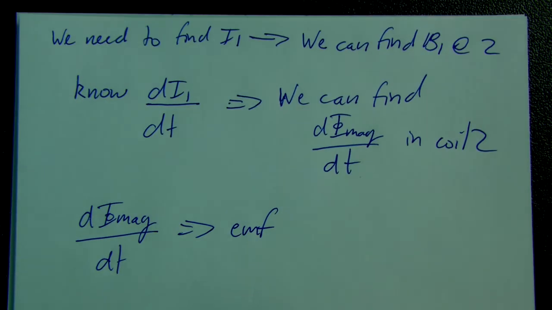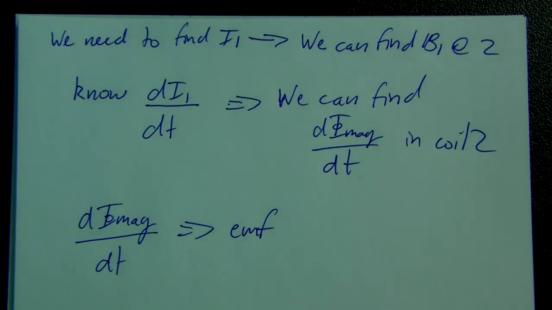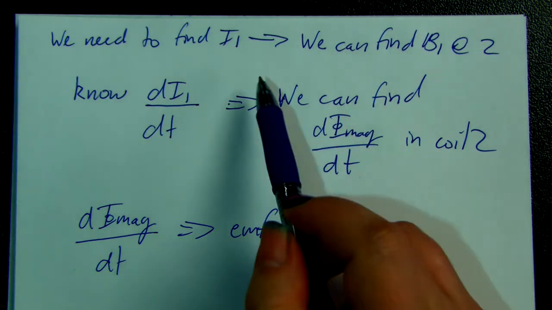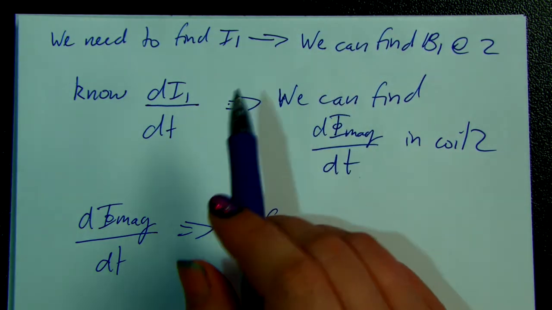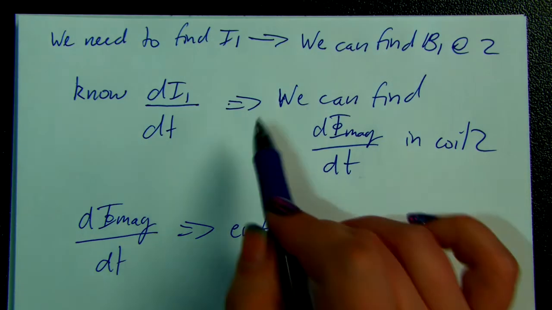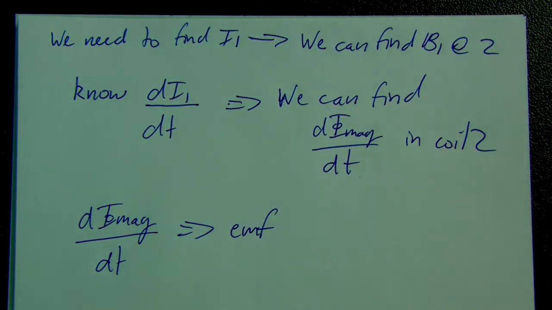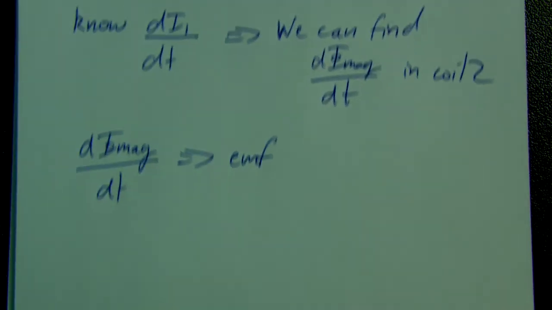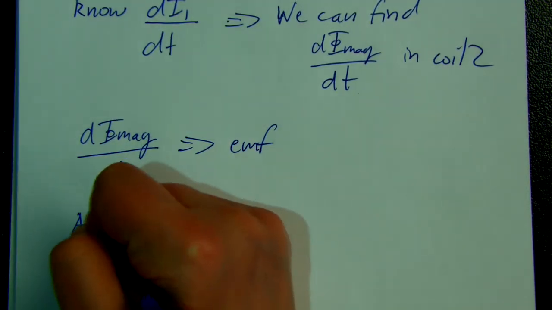So, as you're setting up these problems, thinking through what you know and how you can use what you know to find what you need to know can be a useful strategy. All right, so let's look at the assumptions we're going to have to make.